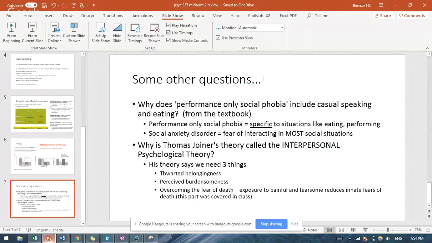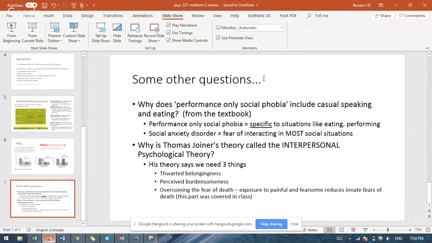Okay, so there's a few other brief questions that I got. One of them was, why does performance-only social phobia include casual speaking and eating? So when you return to the textbook, if you read the paragraph, they're contrasting performance-only social phobia and social anxiety disorder. The key distinction to take away is that performance-only social phobia is specific to situations like eating or performing.